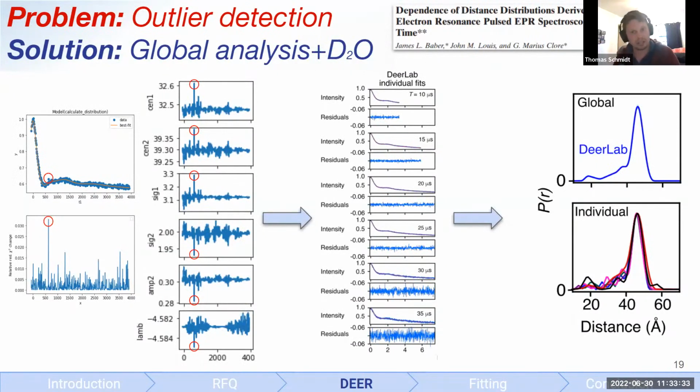Where we are recording it is different. In this case, we record 10, 15, 20, 25, 30, and 35 microseconds, so the Tmax gets longer and longer. And the reason we can do that is because the entire sample is fully deuterated. If we did a protonated sample, we could not, because we would have T2 relaxation effects, and one cannot do a global analysis on that.